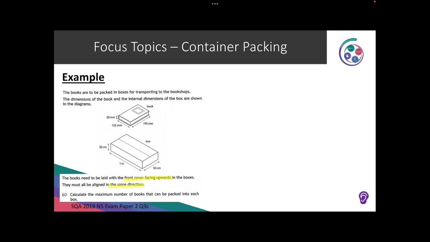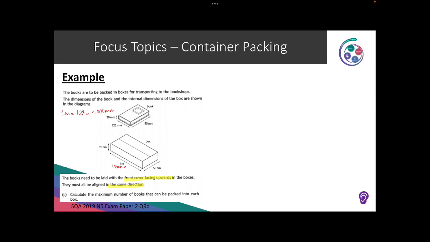Now there are 100 centimetres in a metre, so I know that 1 metre is 100 centimetres. And then I know that there are 10 millimetres in a centimetre, so that would be 1,000 millimetres. So this measurement here is 1,000 millimetres.